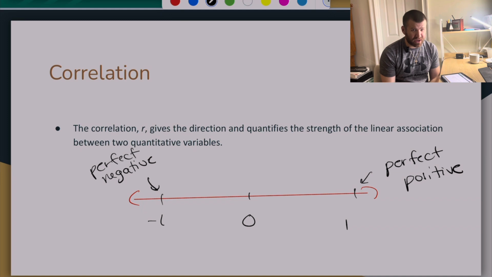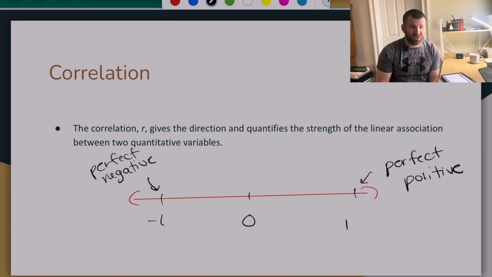One thing that's really important for people to understand here is that a negative correlation is not a bad thing. It just means that the slope of your line is negative. So don't take a negative correlation to mean a bad thing. If we're talking about hours practiced and 100-meter time, you would actually hope that had a negative correlation. The more you practice, the faster you end up running.